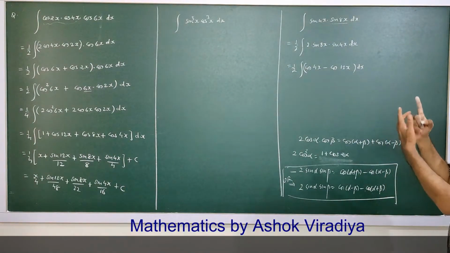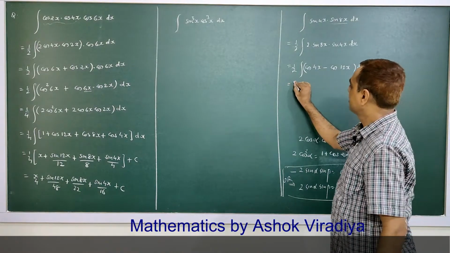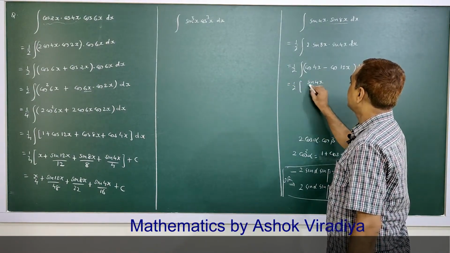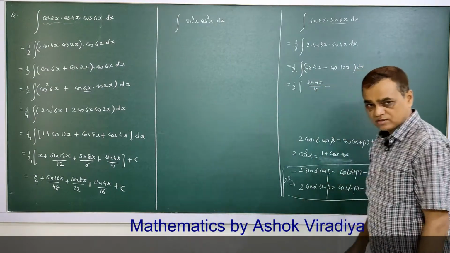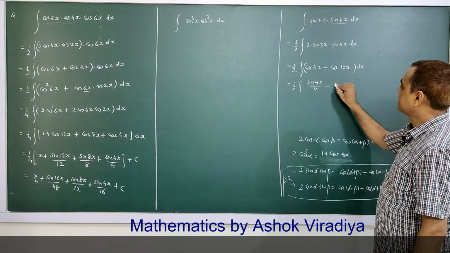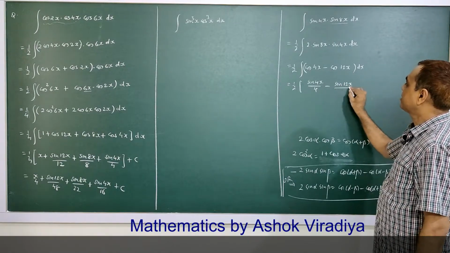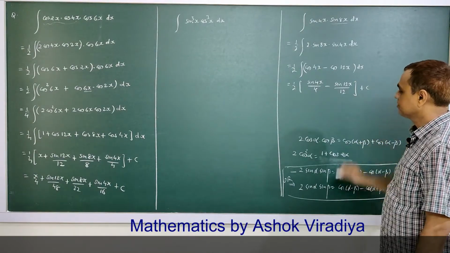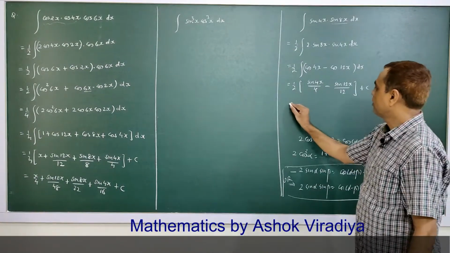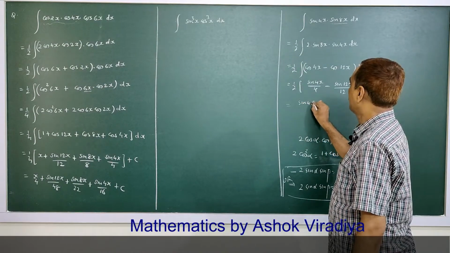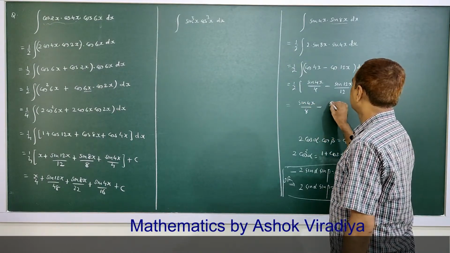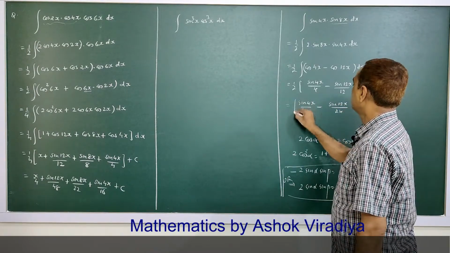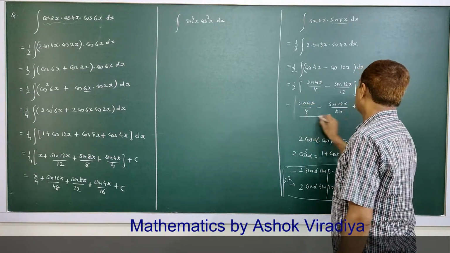Now this is integrable. So putting integral, integral of cos 4x is sin 4x by 4. Integral of cos 12x is sin 12x by 12, plus c. So this is equal to sin 4x by 8 minus sin 12x by 24 plus c. This is the required integral.